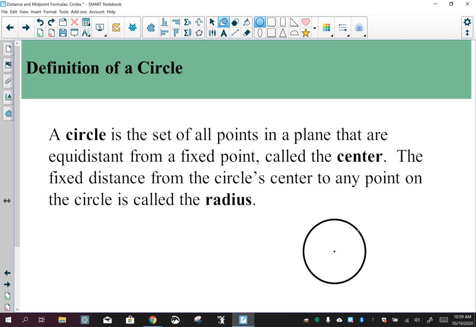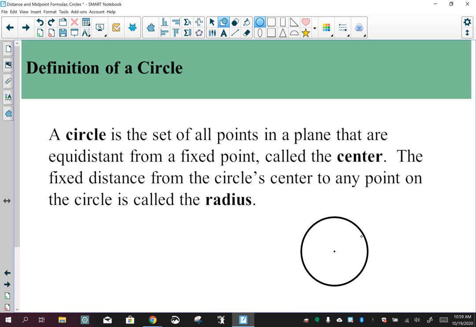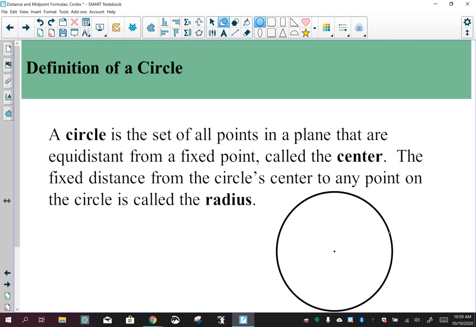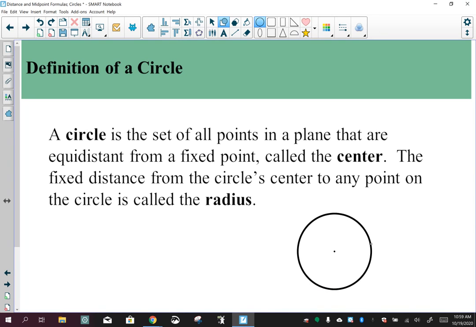It's saying that a circle is the set of all points in a plane that are equal distance from a fixed point, which is the center, which is that dot right here in the middle. And then from the dot to the outside of the circle, that is your radius. And so that's always going to be the same amount regardless of what point you pick on the circle itself.